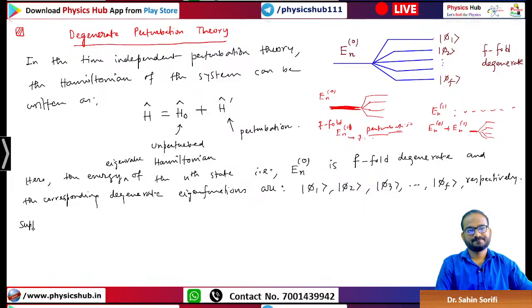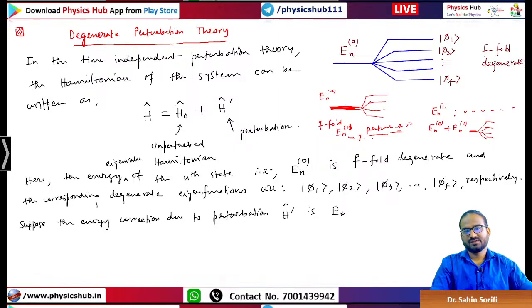Suppose the energy correction due to perturbation H prime is En1, first order correction.